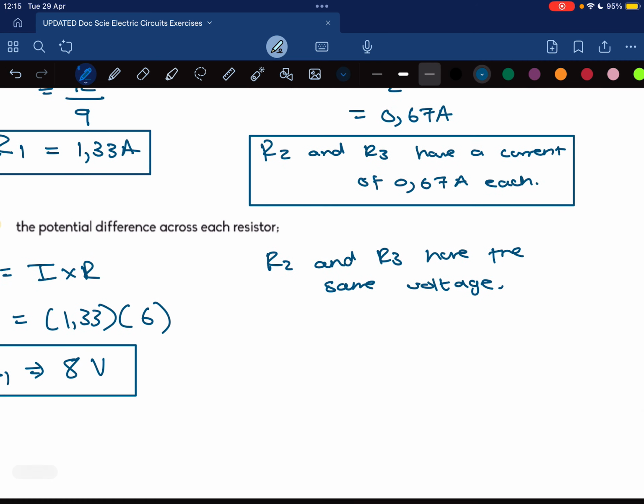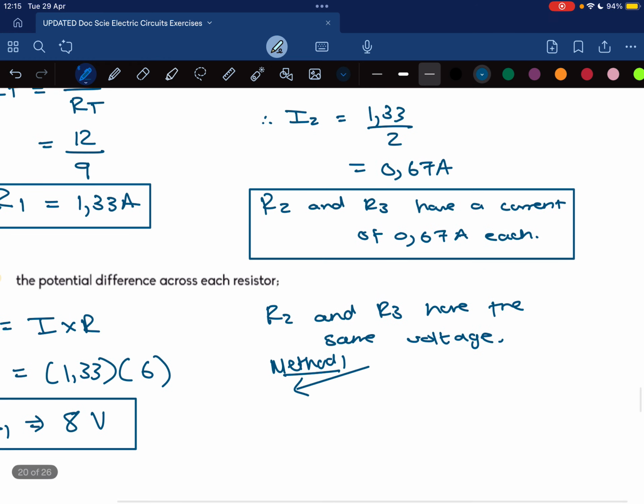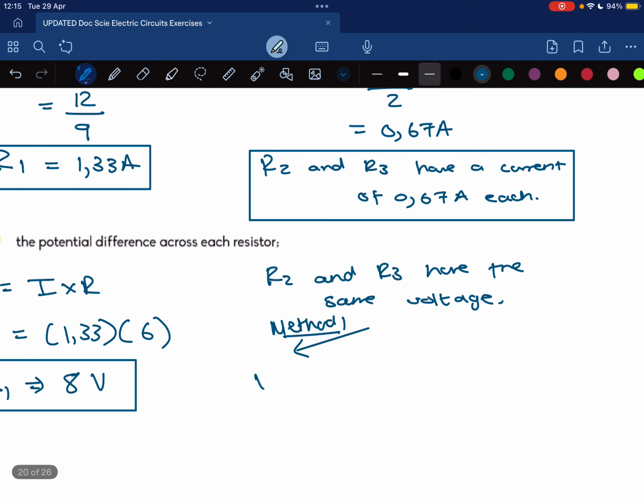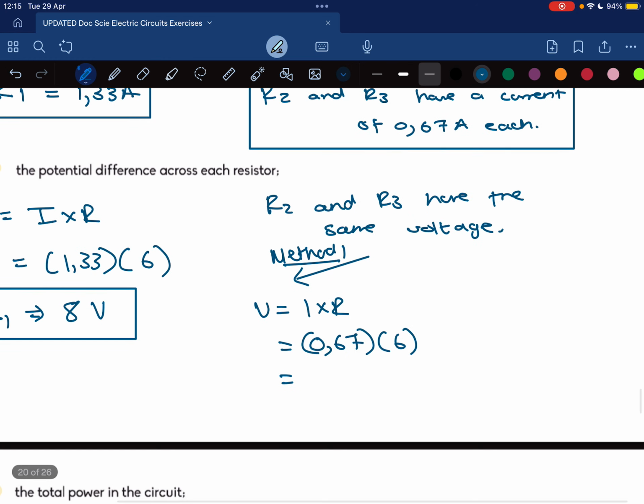There are two methods you can use. The first method is to calculate the voltage through each resistor. V is equal to I times R. The current is 0.67 multiplied by the resistance, which is 6. 0.67 times 6 gives an answer of 4.02.